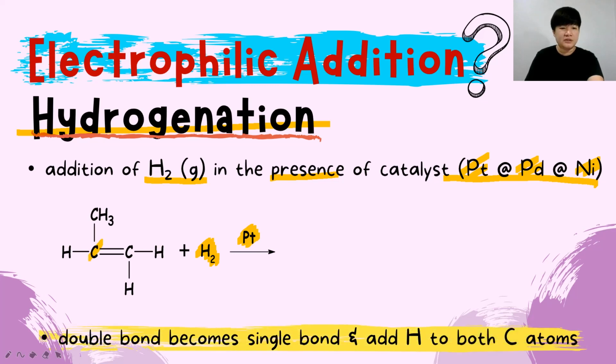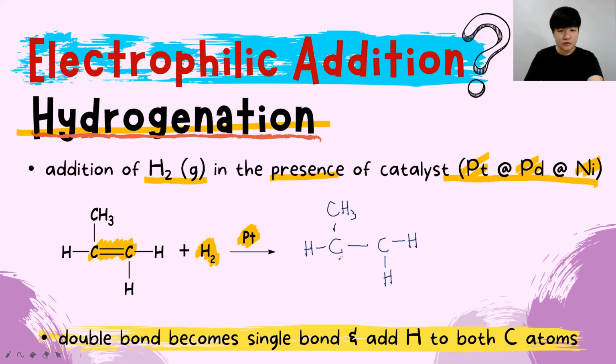And what will happen to this carbon-carbon double bond? The double bond will become a single bond, and we will add hydrogen to both of the carbon atoms in the double bond. Whatever else remains unchanged. Because what is changing over here is the double bond becomes a single bond, and the rest of the atoms remain unchanged.